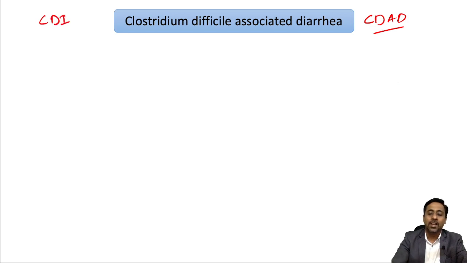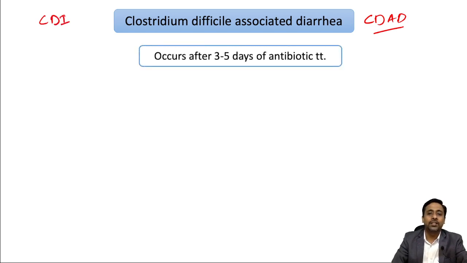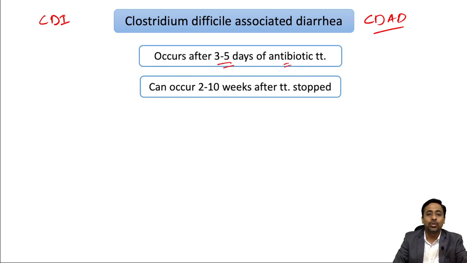It usually occurs after 3 to 5 days of antibiotic treatment, or it may occur 2 to 10 weeks after the antibiotic treatment has stopped. Either of these can be taken as the duration of occurrence of the infection.